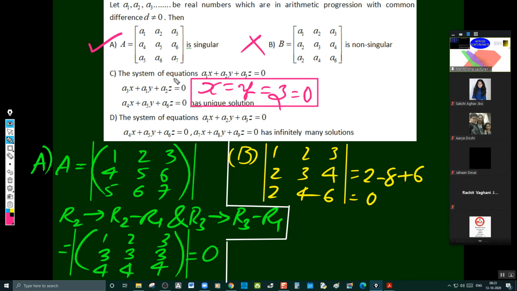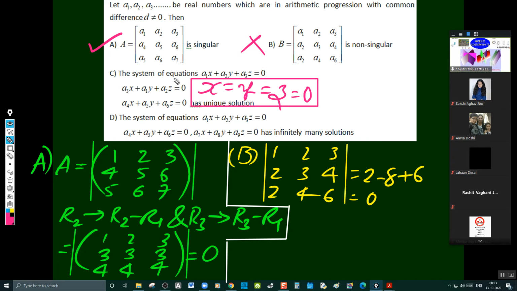In that case, you understand that x is equal to y is equal to z is equal to 0 is always a solution, please. How can we say that? If you substitute, all the three equations are getting satisfied. What does it mean? They do not have the case of no solution. They will never have the case of no solution. There will be always a solution. But whether it is a unique solution or many solutions is to be decided.